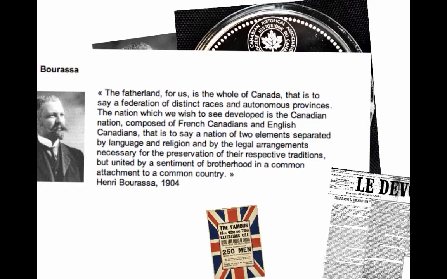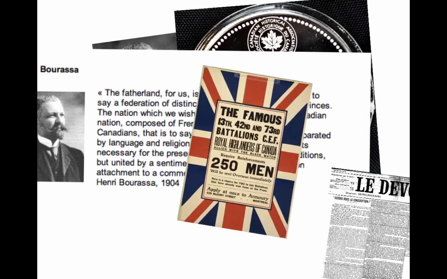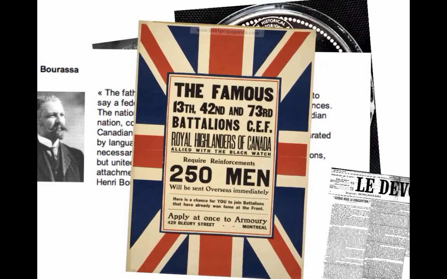The third element here is when conscription was brought in. So during the First World War, many men were killed fighting in France and in Belgium, and there was a need for more and more men. The propaganda at the time really tried to show this British connection, but in the end, what Canada needed was more men to fight.